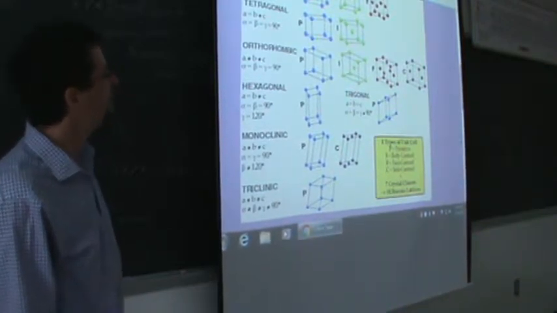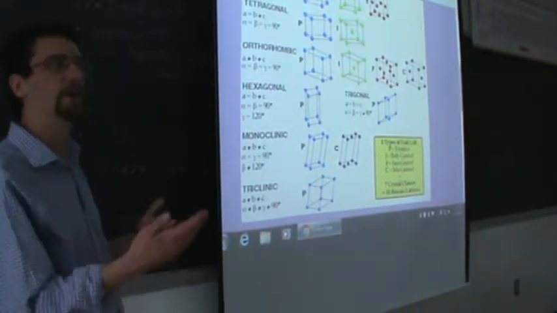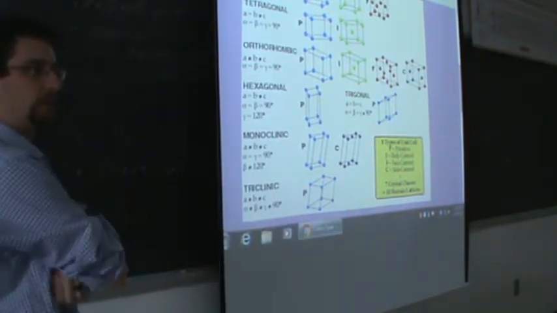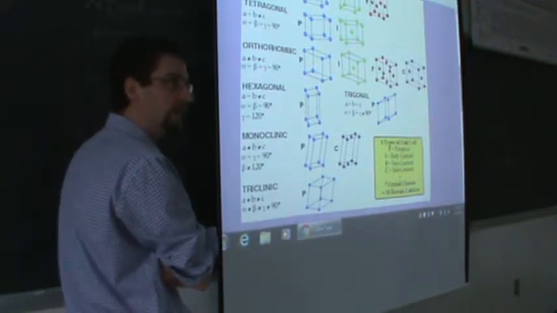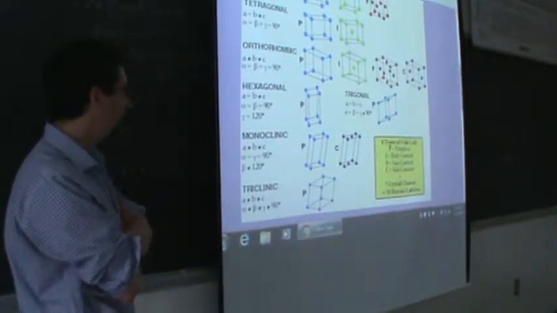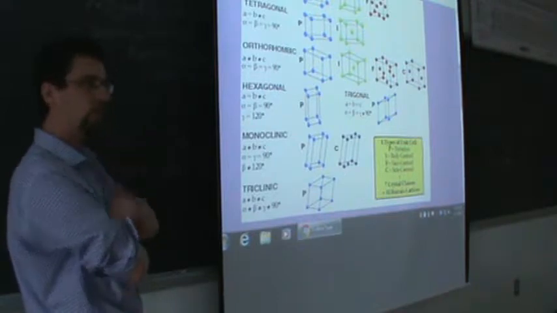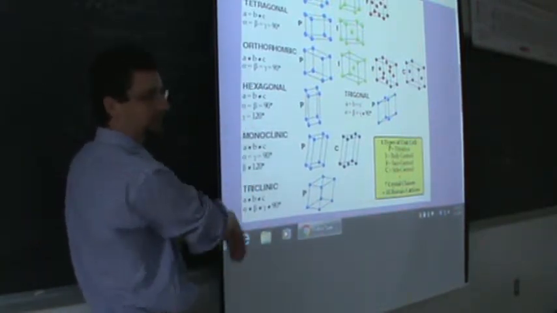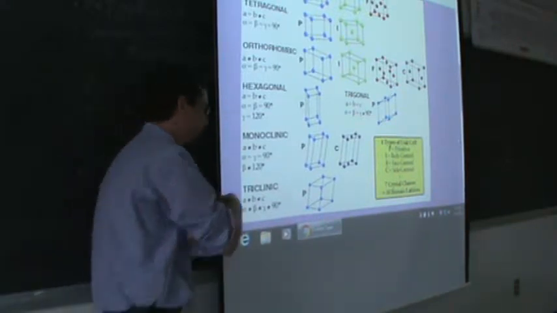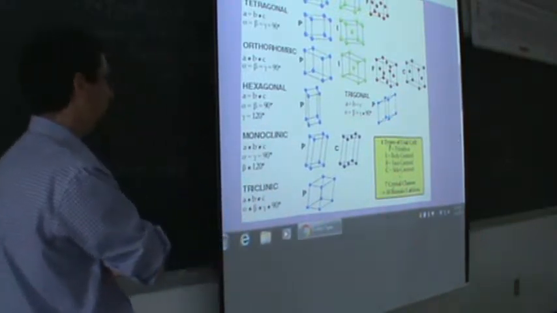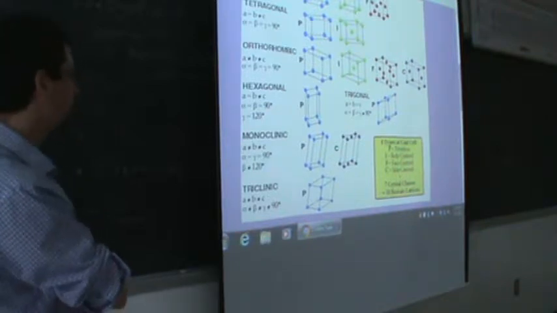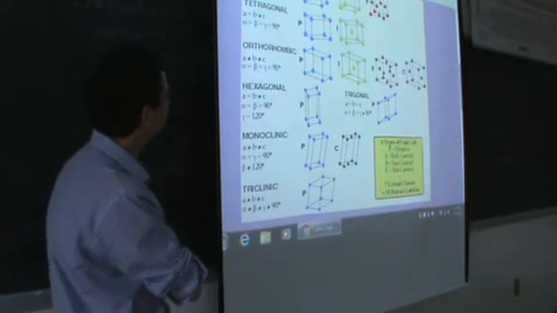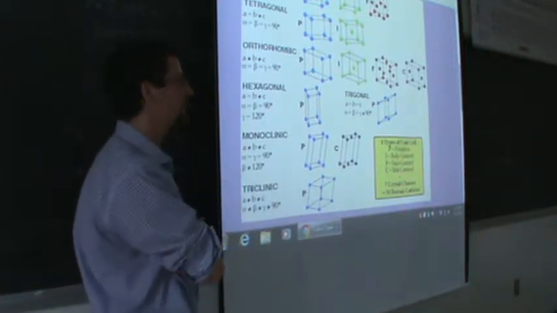So which of these would you suspect to have a higher amount of symmetry, and which would you expect to have the lowest amounts of symmetry? Or which one do you think is usually going to have the least amount of symmetry out of all of these groups? Yep, triclinic, because nothing matches, right? What would be another one that would be kind of low symmetry? Yep, monoclinic. And then for these other ones, it's debatable what's in there.